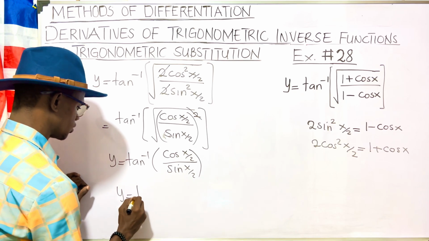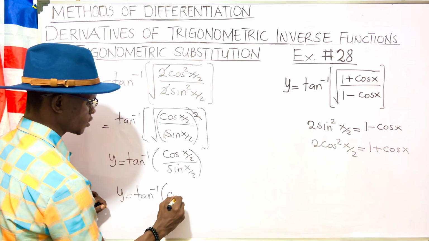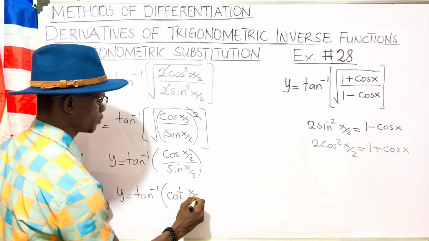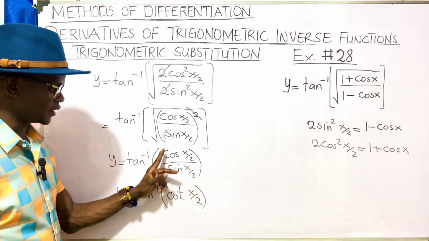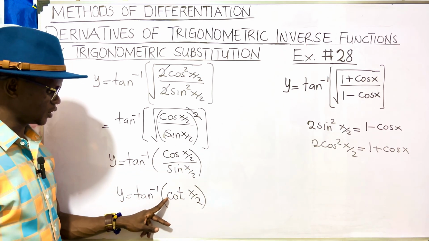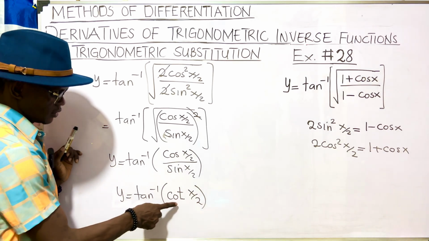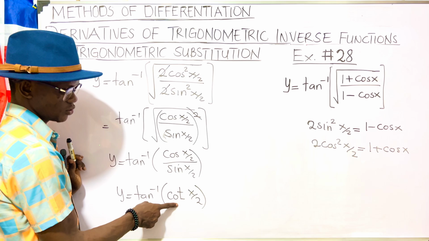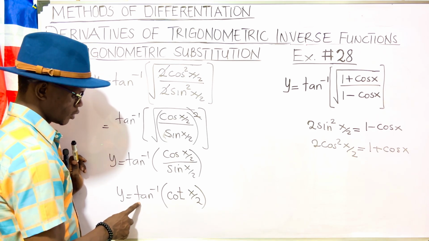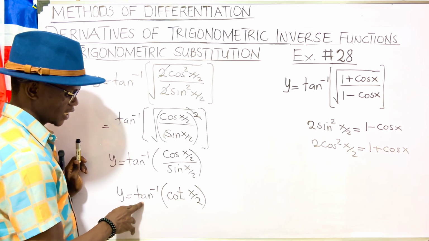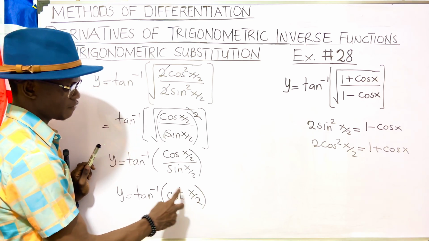So y equals tangent inverse of, now cos over sine is cot of the angle. This is the quotient identity for cotangent. So this is cot of x over 2. Now we needed this expression to end up as tangent, not cot, because we want the property that tangent inverse of tangent of x is just equal to x. But now we have cot.